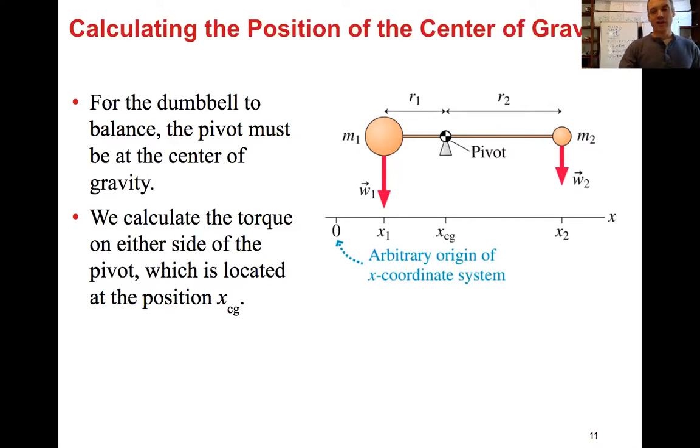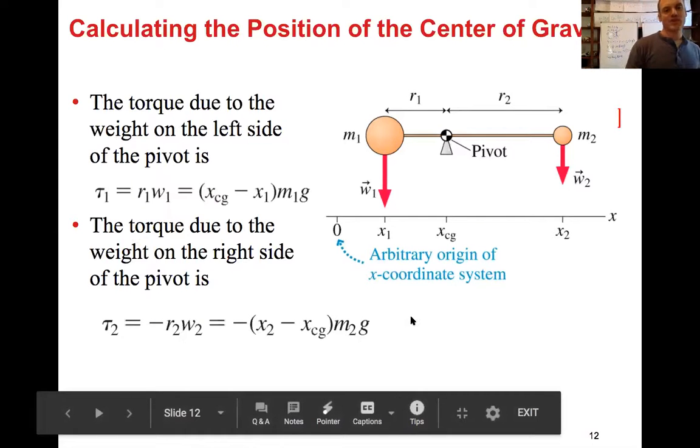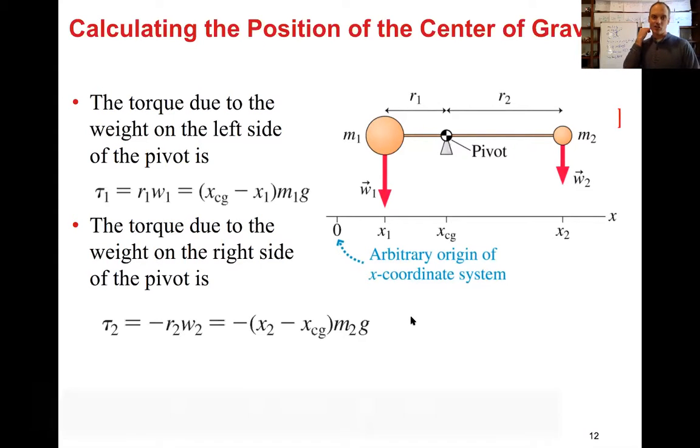The center of gravity is a balance point for that. So knowing that the torque on both sides is equal and opposite to each other, we can say that torque 1 and torque 2 are equal to each other.